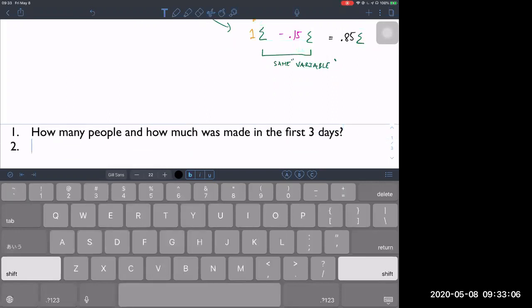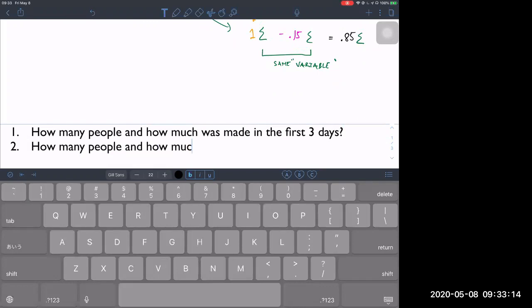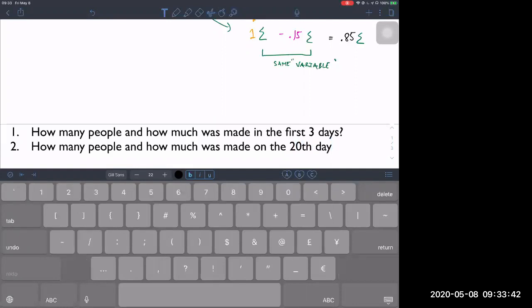And then the second question will be how many people and how much was made on the, I don't want to pick a number that's too big. Let's say 20. Yeah, that's good. On the 20th day, single day.